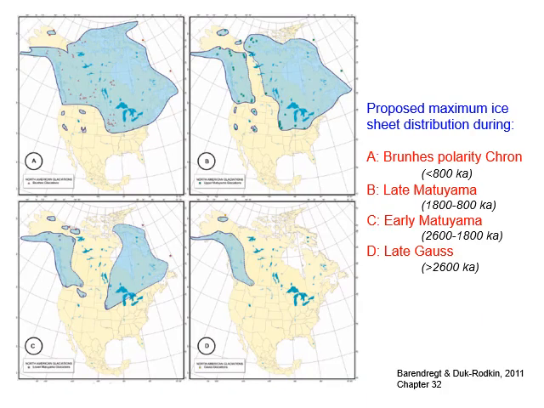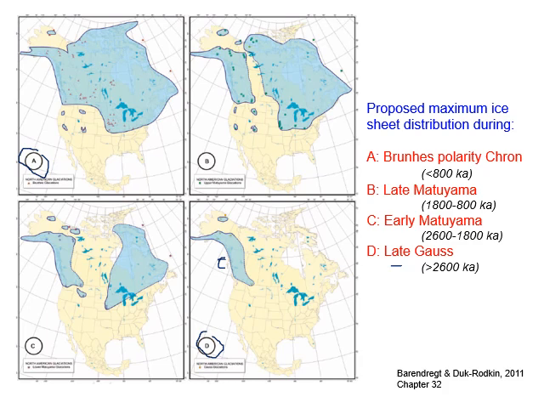Here you see the maximum extent of four of the ice ages in the Pleistocene period, with the oldest one in D and the youngest one in A. Generally, during the late Gauss period, one of the chrons I talked about in the previous slide, the maximum ice extent was larger in the Cordilleran part of the ice sheet than in the Laurentide part, which hardly has any ice over here.